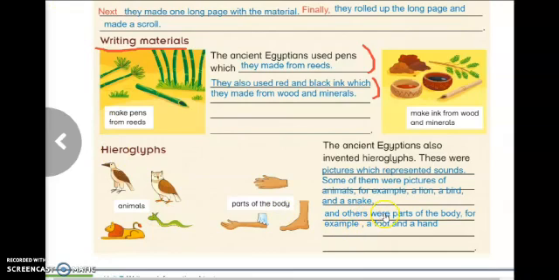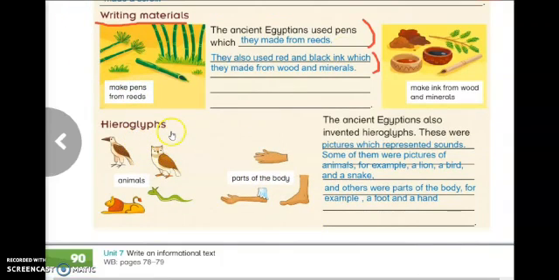Also, others were part of the body. For example, a foot and a hand. Each picture of an animal or body part represented a certain letter or shape, and this is how hieroglyphic writing was done. And here we have features of the informational text.